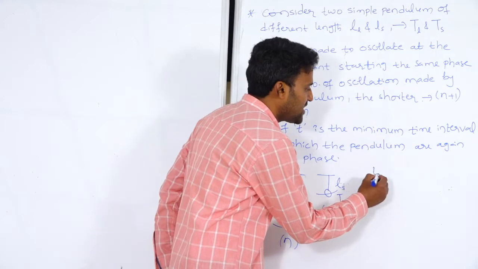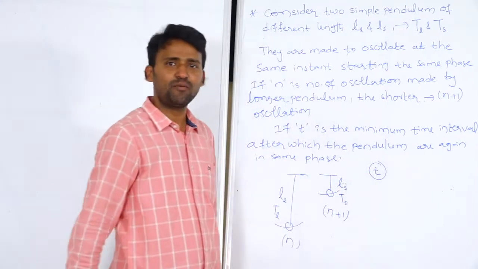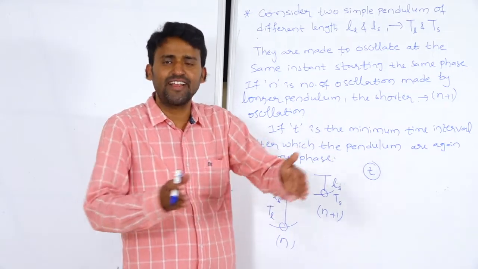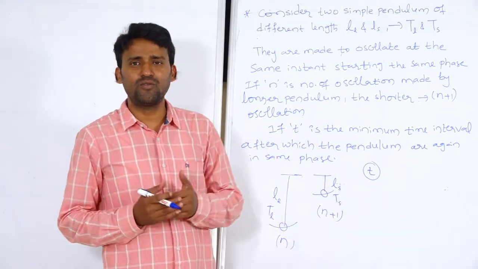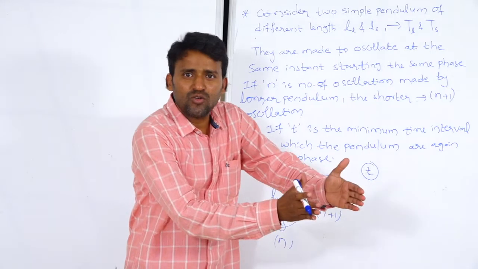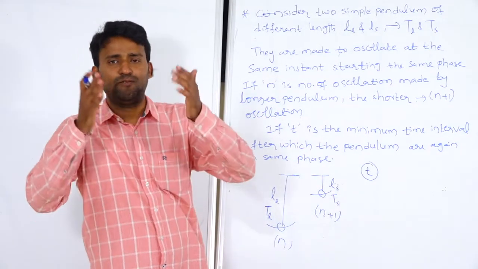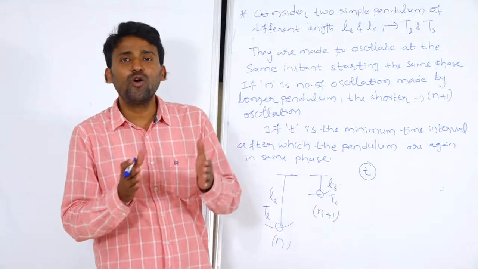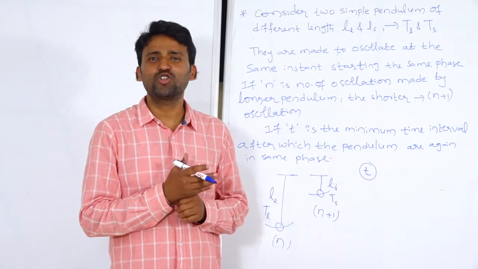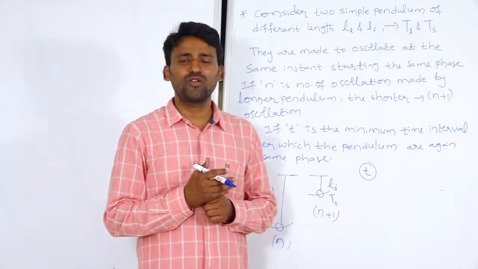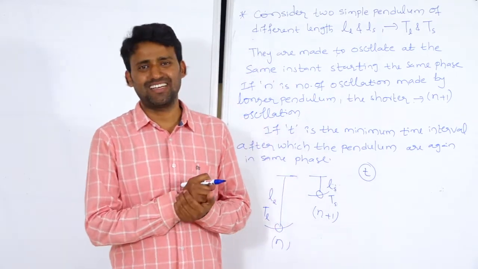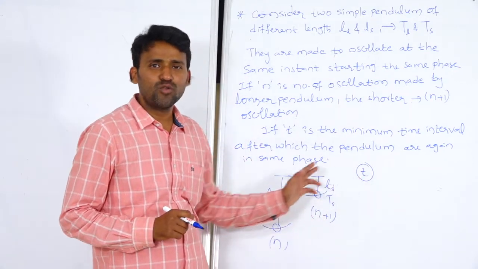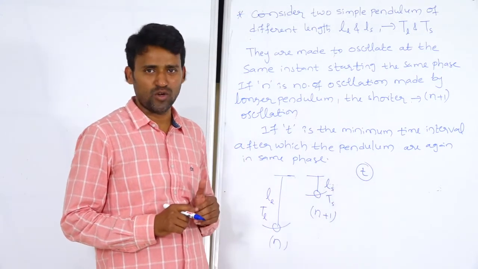While oscillating, after t time interval, both are coming into the same phase. So how many oscillations are done by the shorter pendulum and the longer pendulum, that we have to calculate. For both cases, the time is the same only.